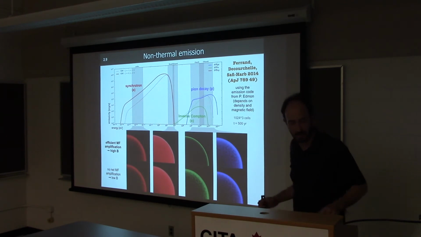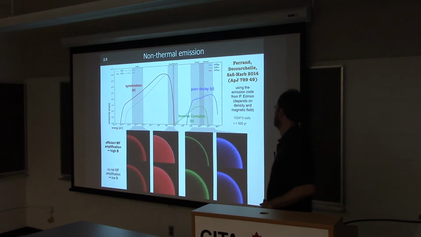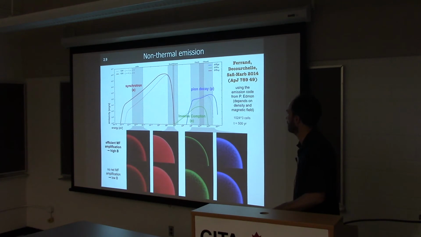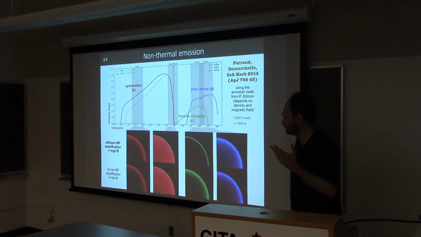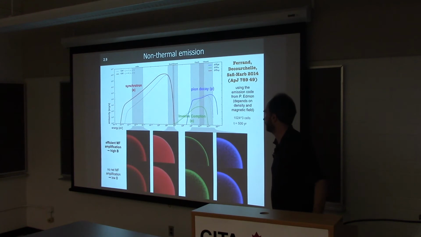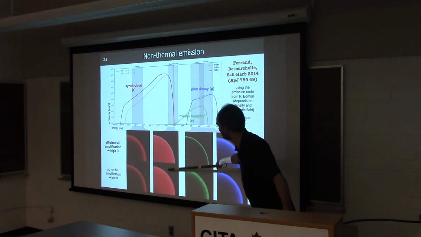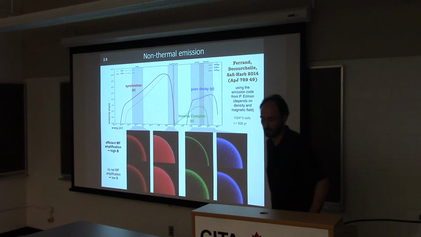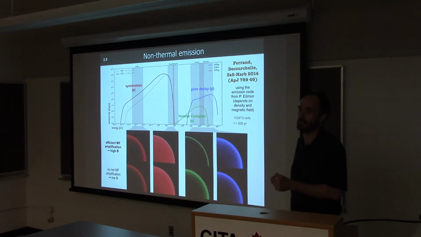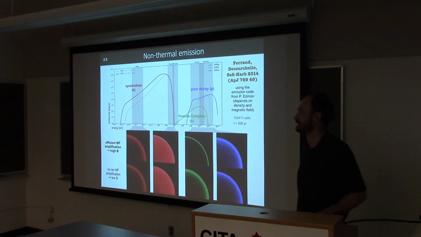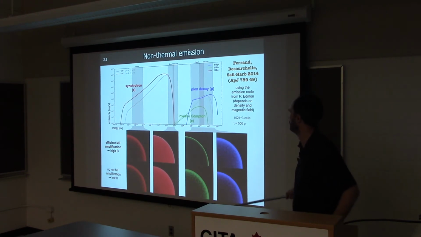So you have to do this all together. In particular, it affects a lot the emission of the electrons. It's not so obvious on this one, but it makes the emission from electrons more concentrated really at the blast wave. It doesn't affect protons so much.